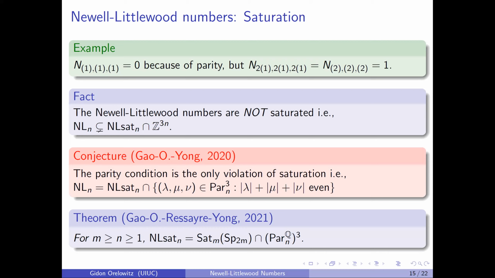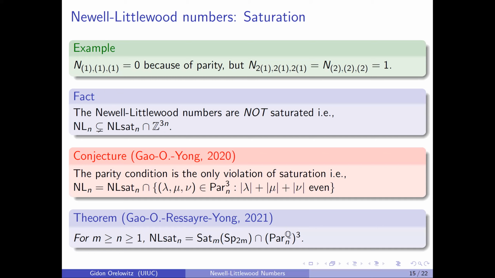So we have that 1, 1, 1 isn't in the usual semigroup, but it is in the saturated semigroup since you can scale it up. And therefore, these Newell-Littlewood numbers are not saturated. So we have integer points in the saturated semigroup that aren't in the usual semigroup, which is not great. That's the main nice fact that you would want to be true about these that isn't true about these.